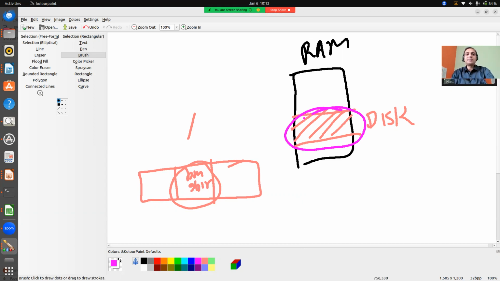Now, how does the RAM disk work? Typically, as you know, we have the bootloader, and the bootloader will load this RAM disk image.